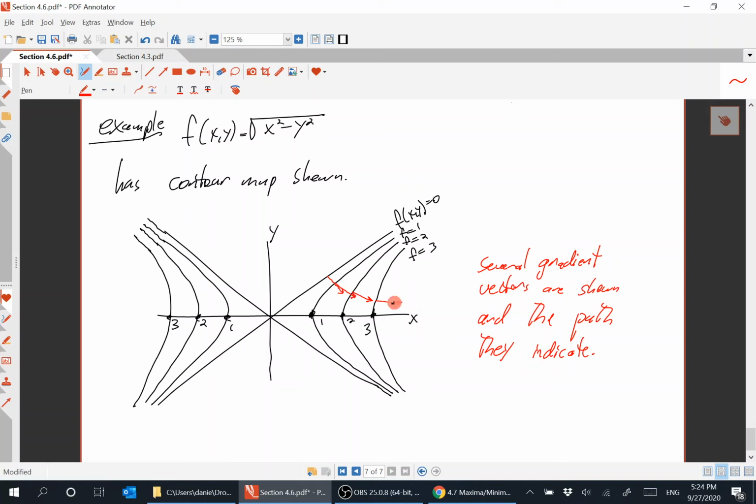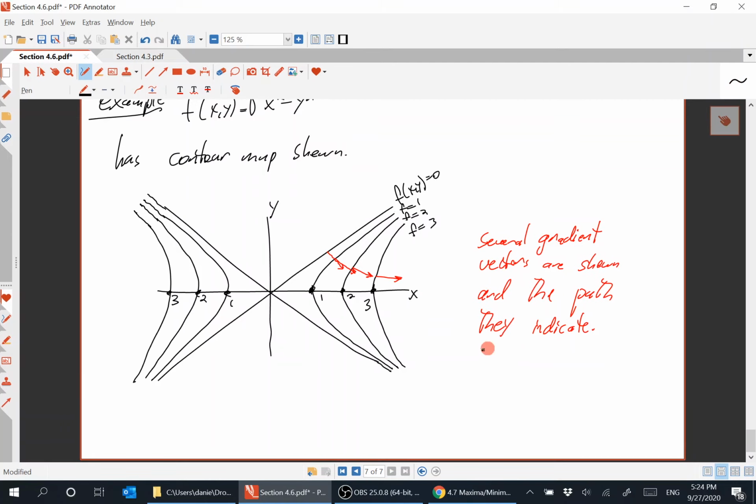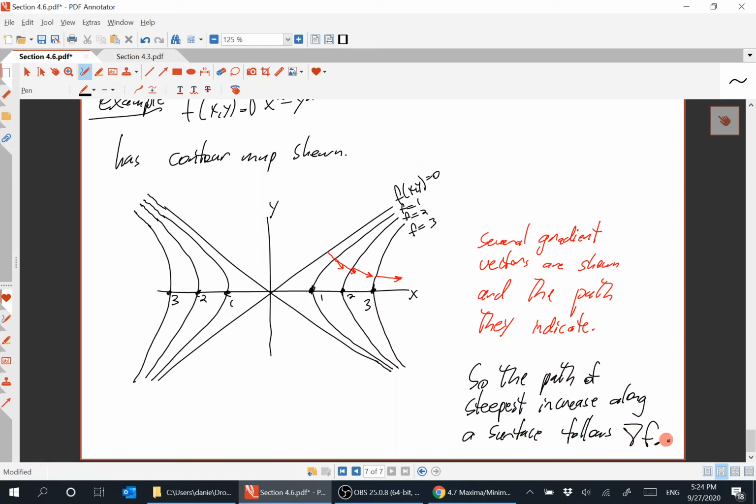And the gradient vectors represent the greatest direction of increase. The gradient vector is the largest directional derivative, and it's also perpendicular to the level curves. So the path of steepest increase along a surface follows the gradient of f.